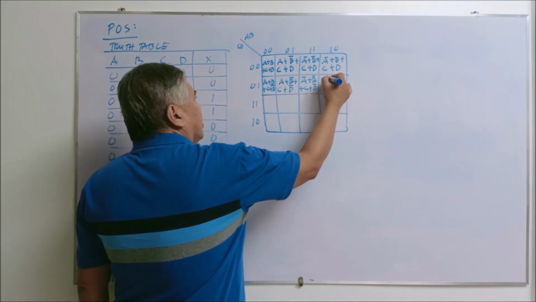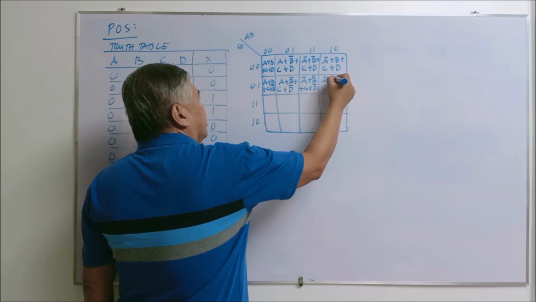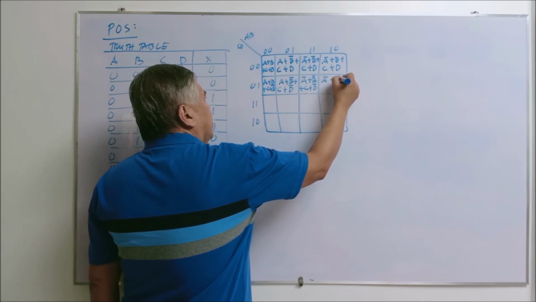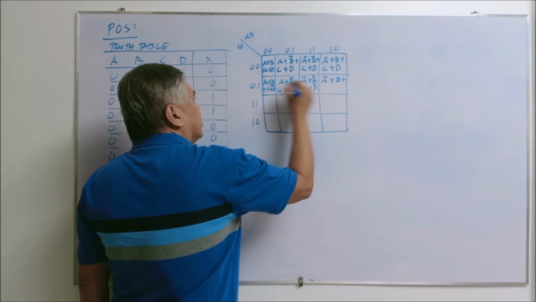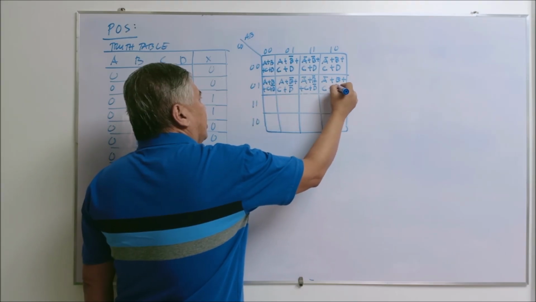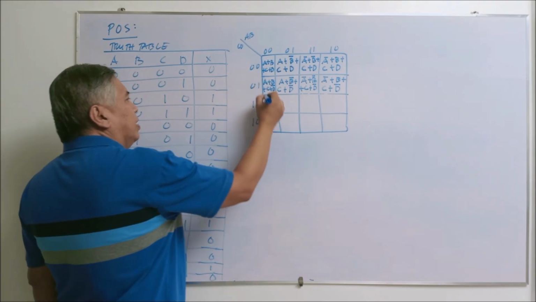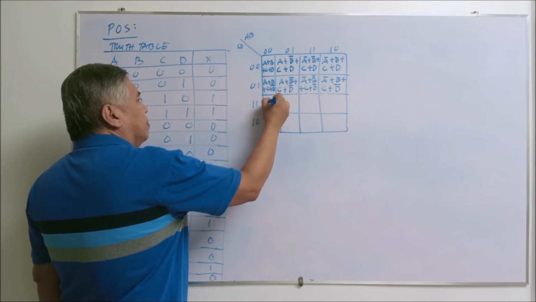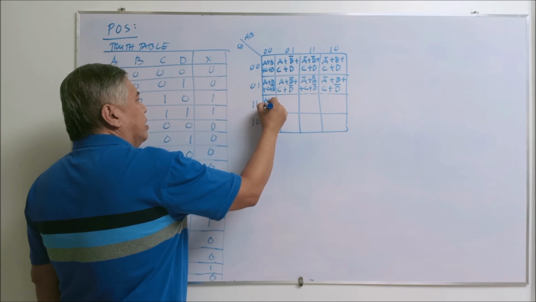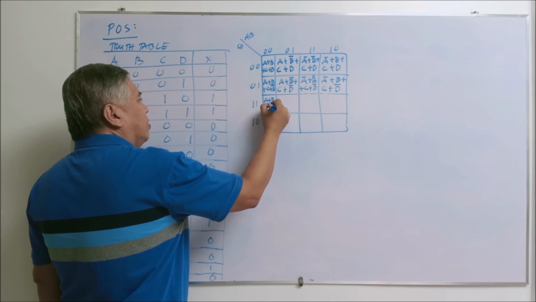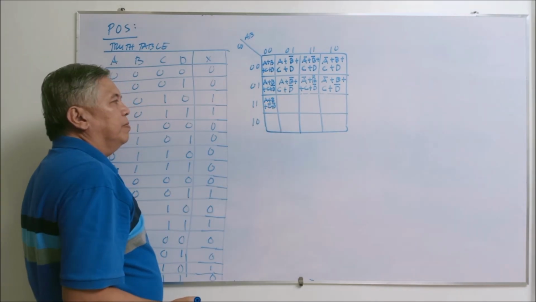Then A complement plus B plus C plus D complement. Then A plus B plus C complement plus D complement.